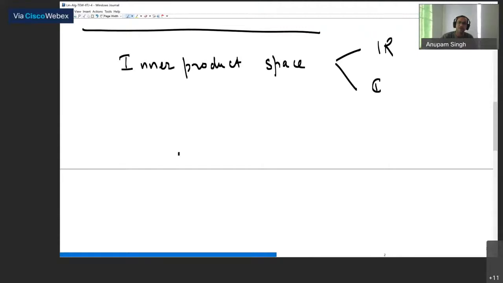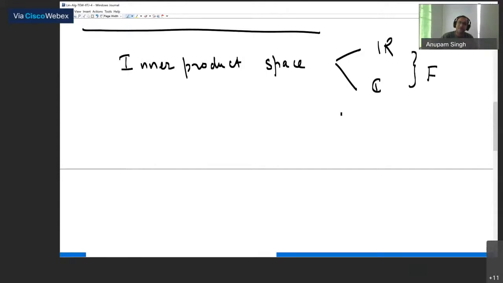And we saw that there are some common properties. You always have orthogonal bases. So from now onwards, when I say a field F, I will mean F is either R or C. And whenever I say vector space V, I always mean this is an inner product space. It always comes with a form, which is the inner product. Over the reals, we have a non-degenerate symmetric bilinear form.